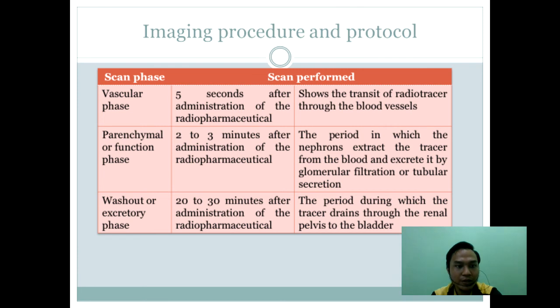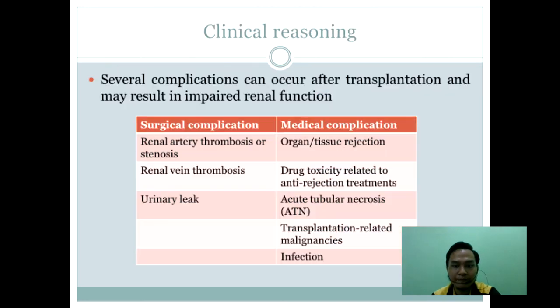This is the period in which the nephrons extract the tracer from the blood and are excreted by glomerular filtration or tubular secretion. Then, washout phase is performed usually 20 to 30 minutes after the administration of radiopharmaceutical. This is the period during which the tracer drains through the renal pelvis into the bladder.